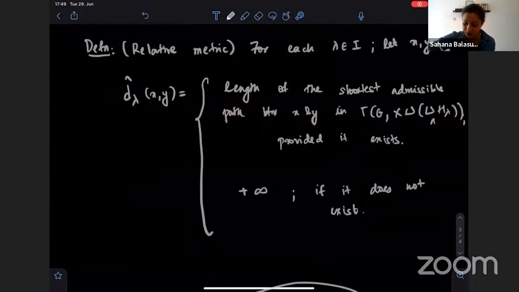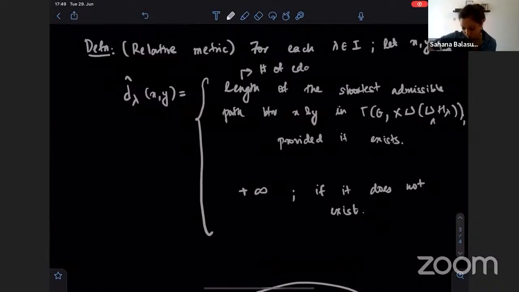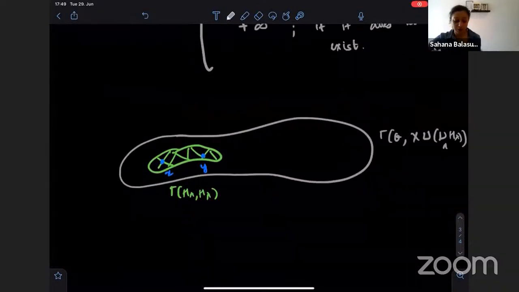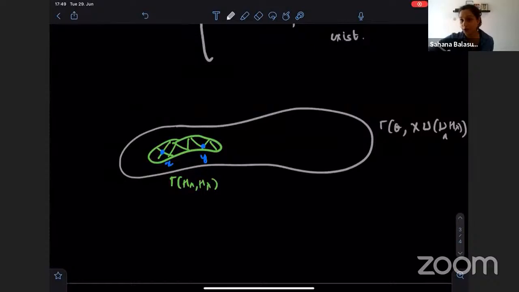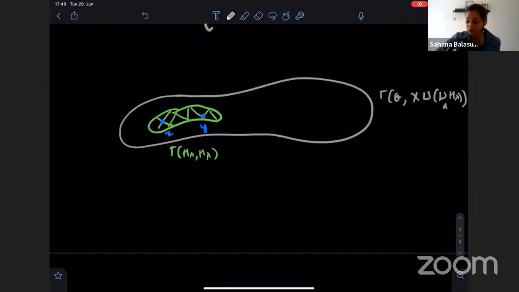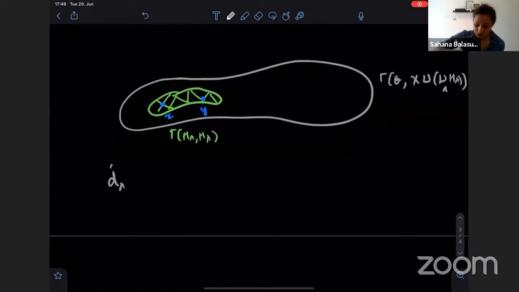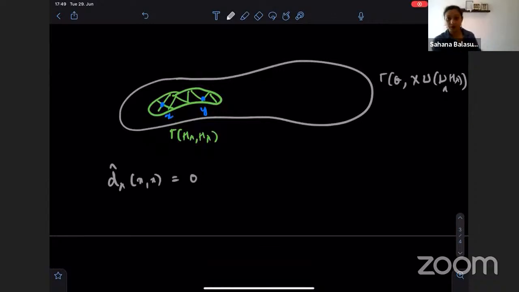So let me perhaps annotate that this is the number of edges. And so if X and Y are the same point, well, I don't need to move anywhere, because I don't need to pick up any sort of edges in order to stay at the same place. And so, of course, this is 0 always.